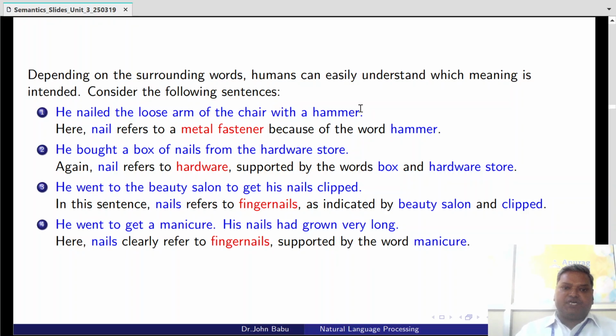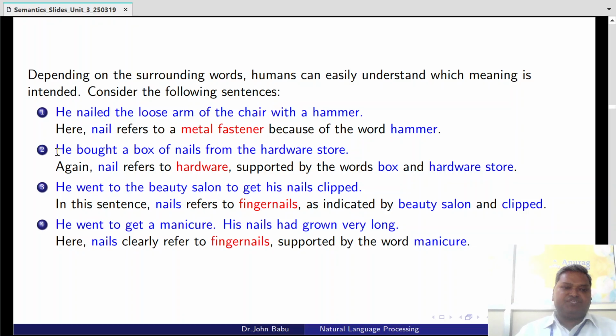When we use the hammer, we are talking about a metal nail. So based on this context, the word sense should be understood clearly. We call this phenomenon word sense disambiguation, which is very, very important in the semantic parsing part of natural language processing, in other words, semantic interpretation.